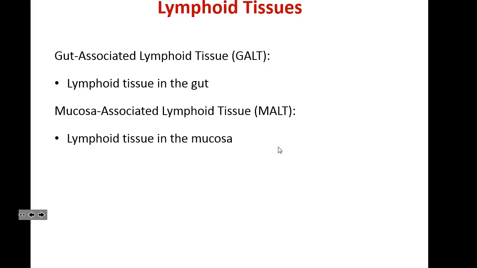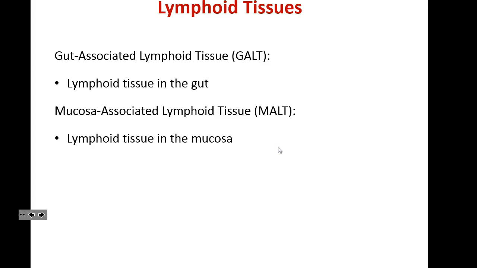Lymphoid tissues, GALT and MALT. GALT is gut-associated lymphoid tissue. It's lymphoid tissues in the gut. Where is your gut? Mucosa-associated lymphoid tissues, MALT, are lymphoid tissues in the mucosa.